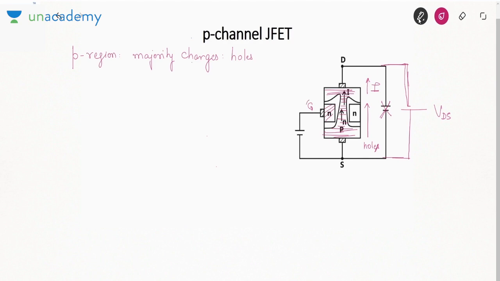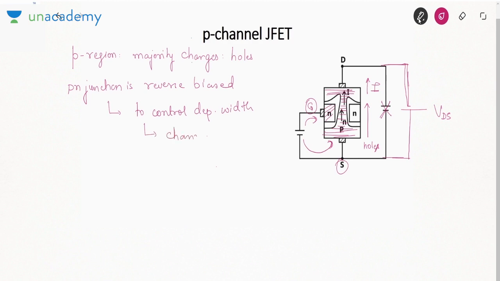Similarly, in order to reverse bias this gate source, we are applying positive voltage at the N region and negative voltage at the P region. I told you the PN junction is reverse biased. Why do we reverse bias the PN junction? To control depletion width. If you control depletion width, then we can control channel resistance.